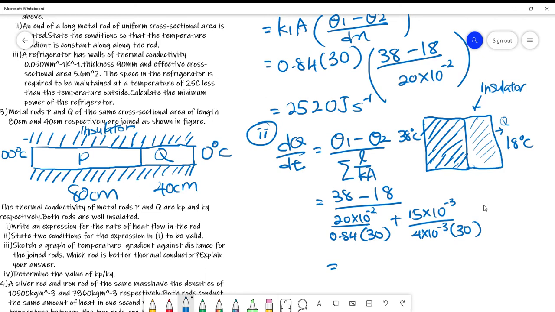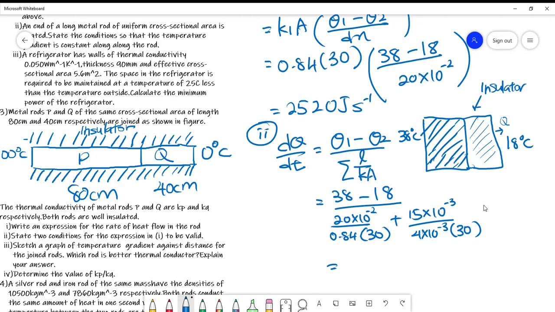So 38 minus 18 divided by 20 times 10 to the power negative 2, divided by 0.84, 30 plus 15 times 10 to the power negative 3. So this is 4 times 10 to the power negative 3. So this is 30.